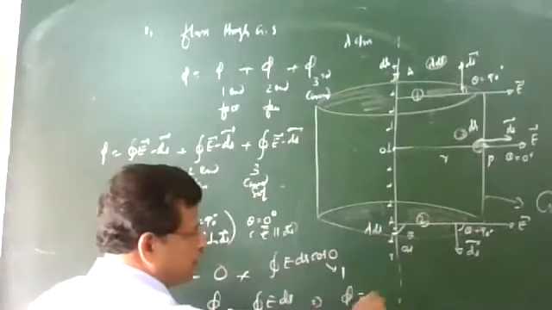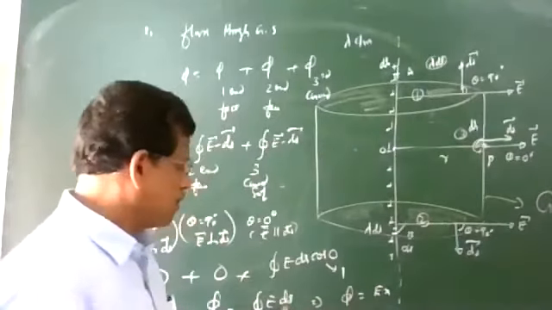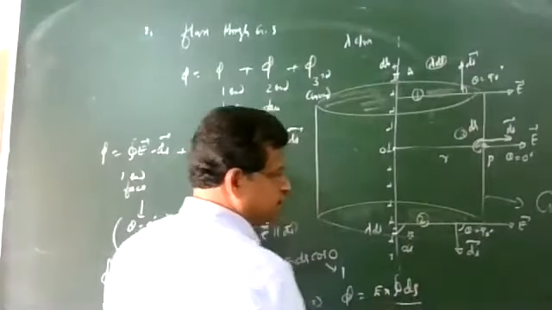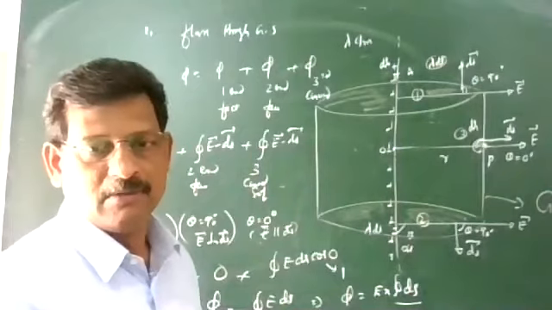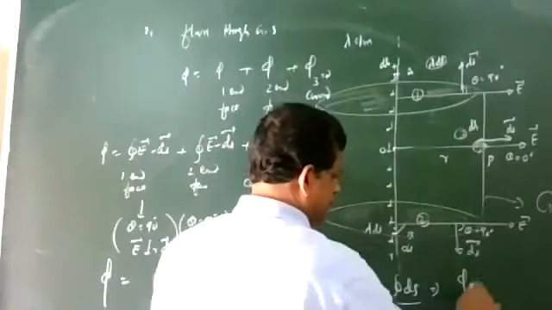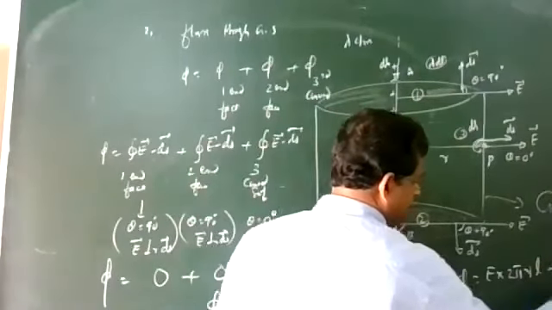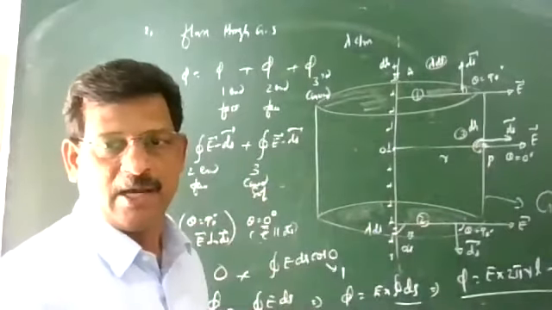At equidistant points E will be a constant. The remaining is closed integral ds, which is the total surface area of the curved surface. So phi is equal to E into 2 pi RL. This is equation number 1.